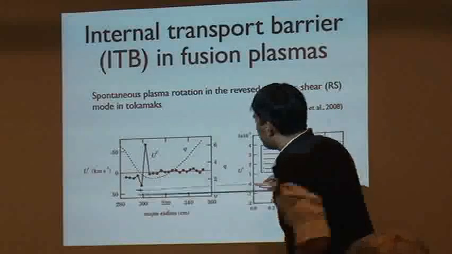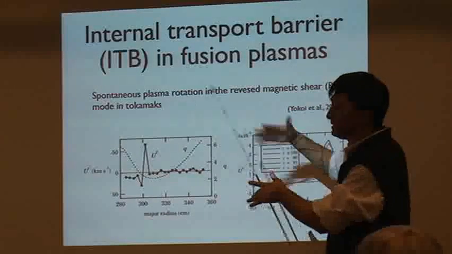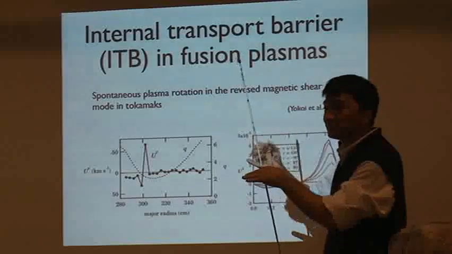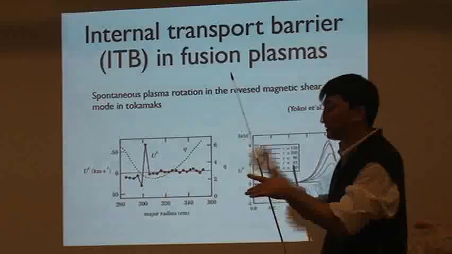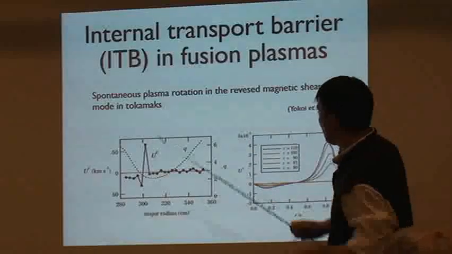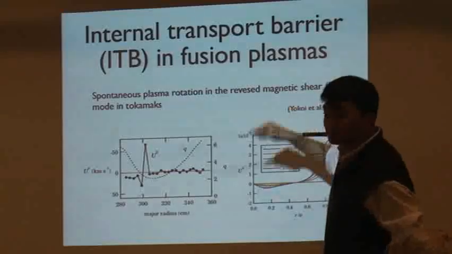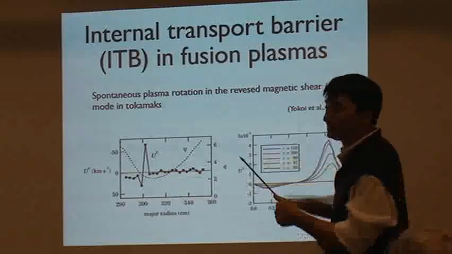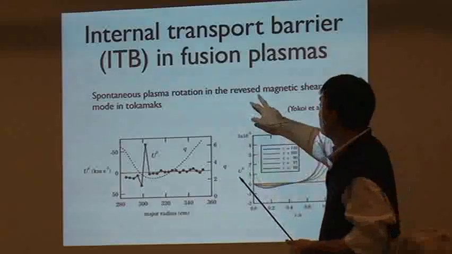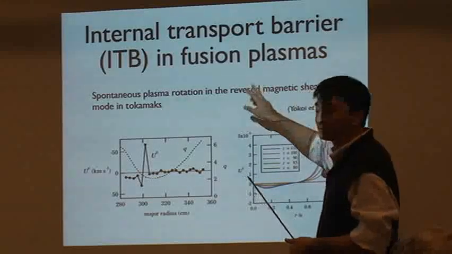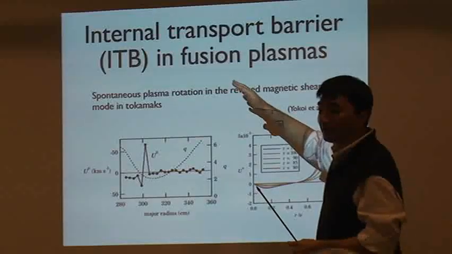So it is known that there are many modes that improve the confinement time, and one is known that the spontaneous plasma rotation is observed in some enhanced transport barrier mode.